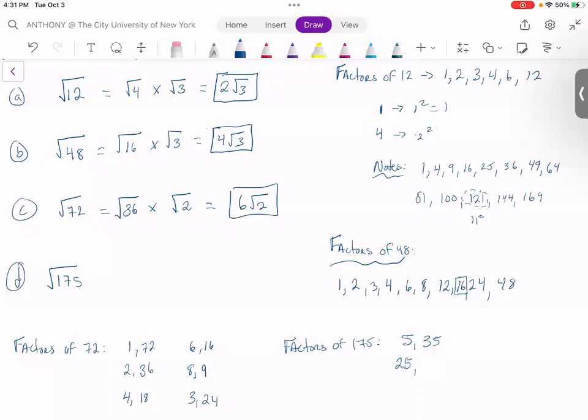There you go. So if you look at your factors of 175 here, one of them is a perfect square. That is the 25. So square root of 175 can be broken down as square root of 25 times the square root of 7. Square root of 25 is 5. So you get 5 square root of 7. Okay? Alrighty.